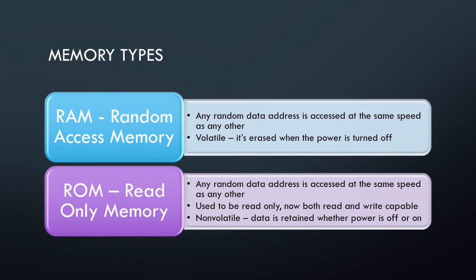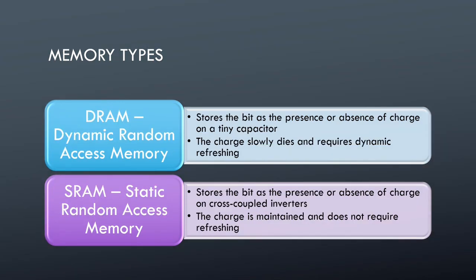The next two closely related memory types are DRAM and SRAM. So DRAM is dynamic random access memory. And what it does is it stores a bit or the information as the presence or absence of a charge in a tiny capacitor. So the capacitor stores the charge. However, if you're familiar with capacitors, when you remove the power source or the source of the charge, it will slowly die away from the capacitor.